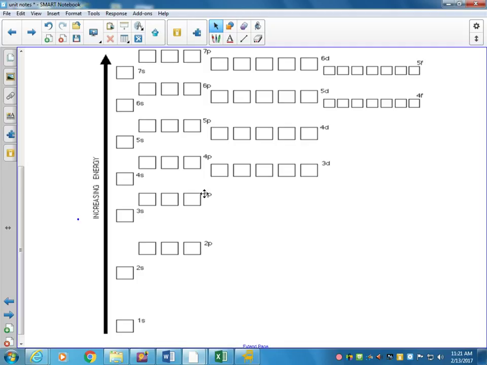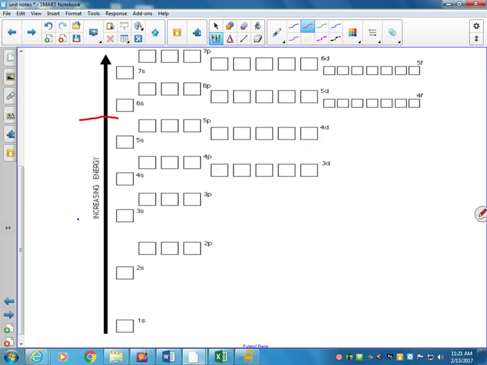If we go to our periodic table and count down 7 rows, hydrogen, lithium, sodium, potassium, rubidium, cesium, that completes the whole periodic table. Will I ask you to fill out an energy level diagram all the way to the 7th row? Probably not. Where can I see us stopping? Probably the 5th row, somewhere in here.